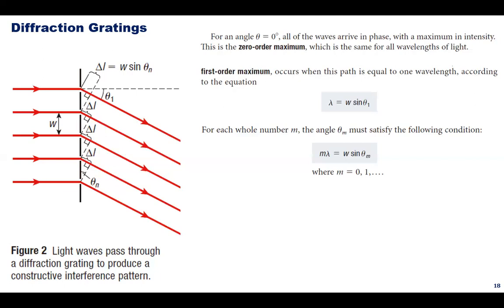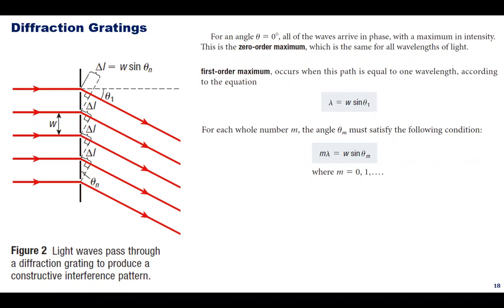So in the previous chapter, we learned that when coherent monochromatic light passes through a double slit, it produces a pattern of alternating bright and dark fringes on a screen located far from the slits, right? The bright fringes or maxima occur in directions for which the path length from slits to screen is a whole number multiple of the wavelength of light used.